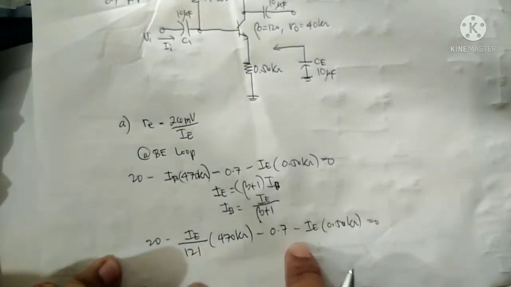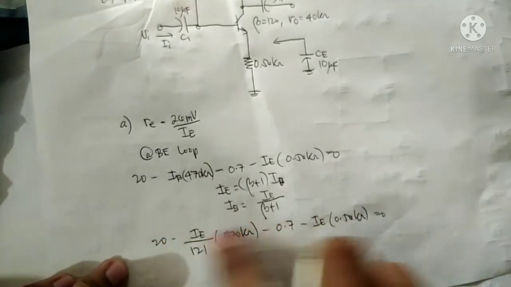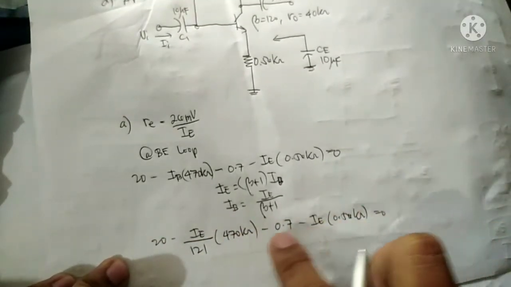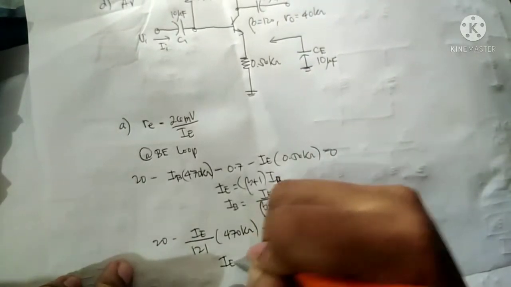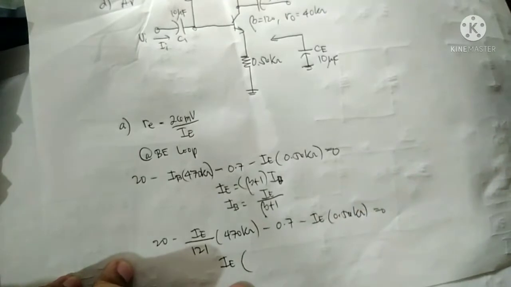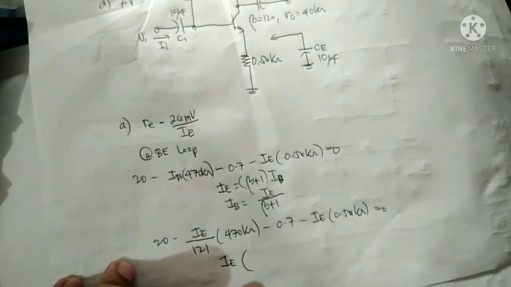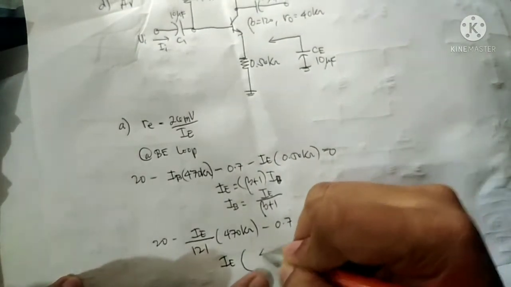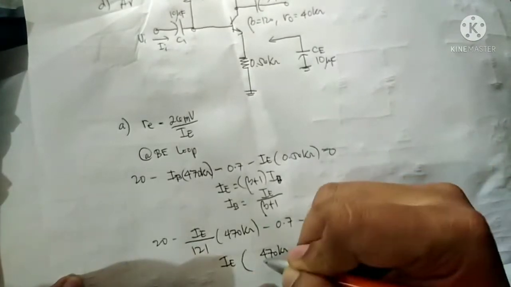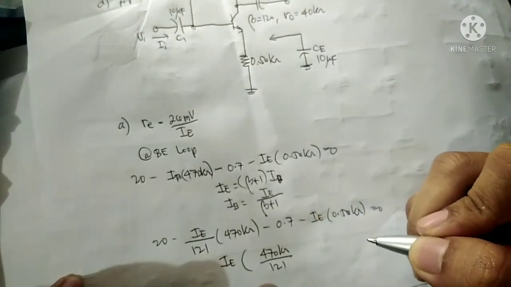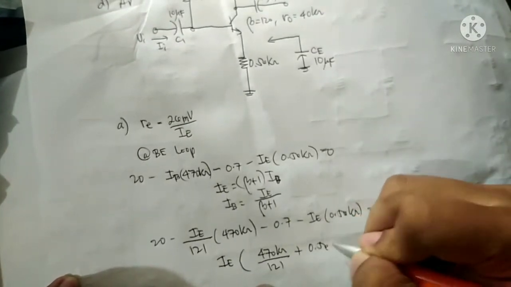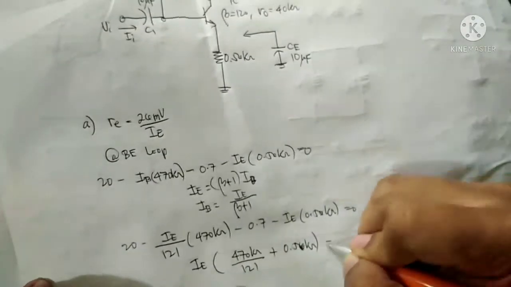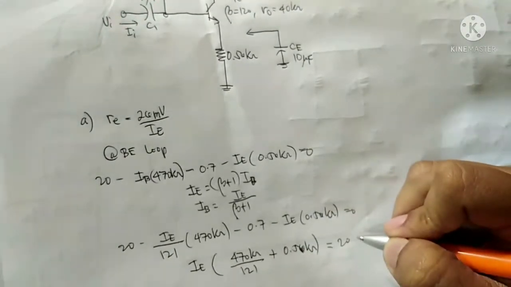So factor out I sub E, and move the other terms to the other side. Therefore this will be I sub E times 470k divided by 121 plus 0.56 kilo ohms equal to 20 minus 0.7.